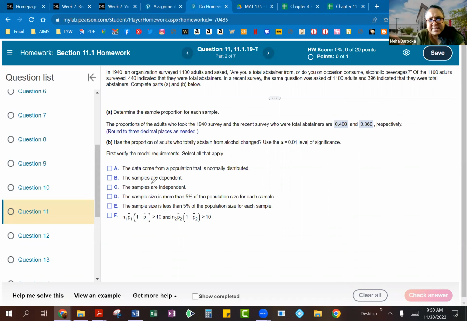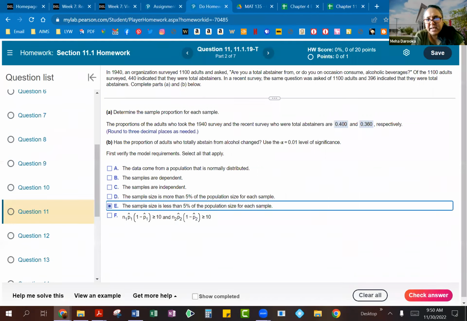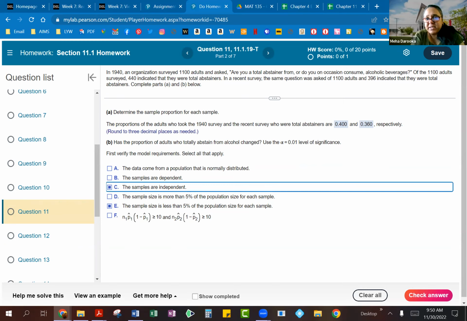So we can definitely say, yes, our sample size is going to be less than 5% of the population size. So that one we can safely make an assumption. Looking at the 2 samples between 1940 and the recent survey, there's no reason for us to believe that our data is connected, right? We have no reason to believe the people were the same or any of that. So we can safely say our samples are going to be independent.